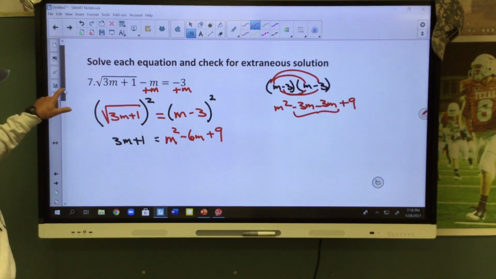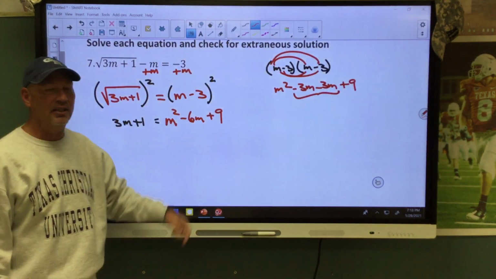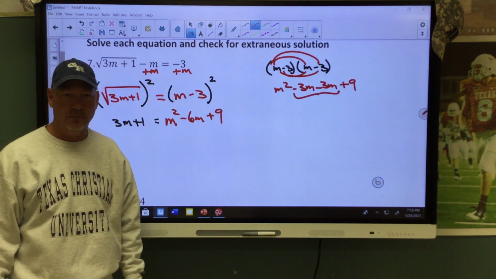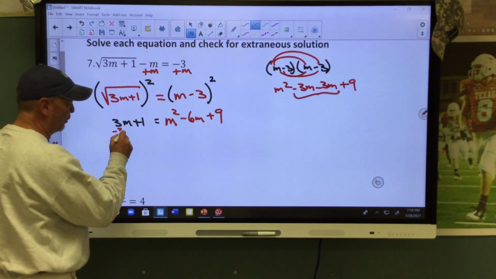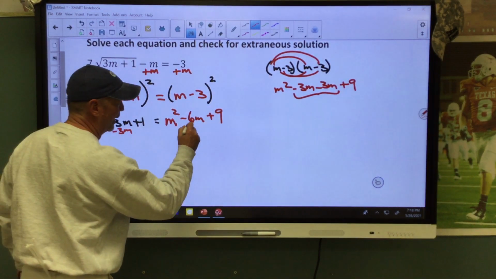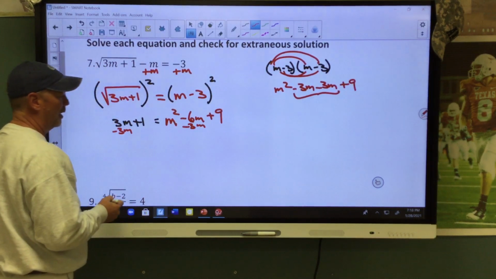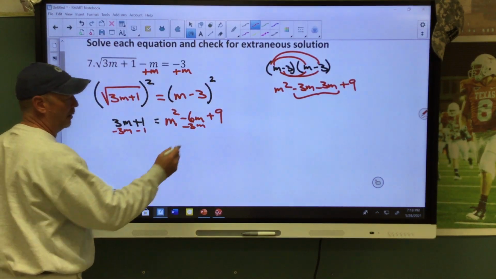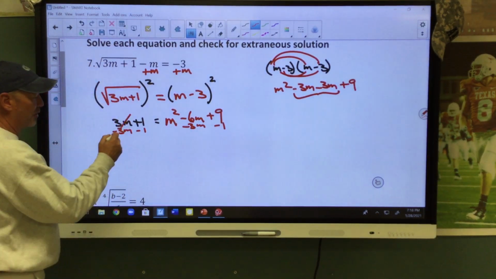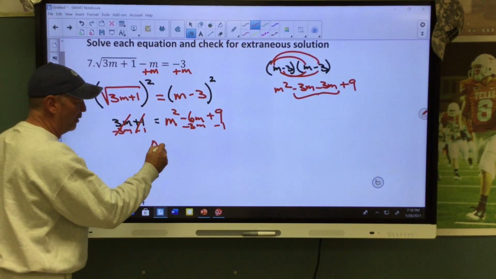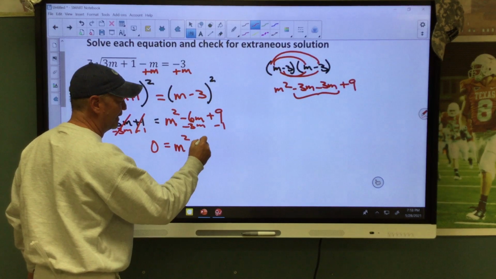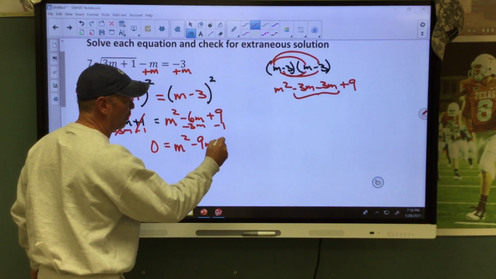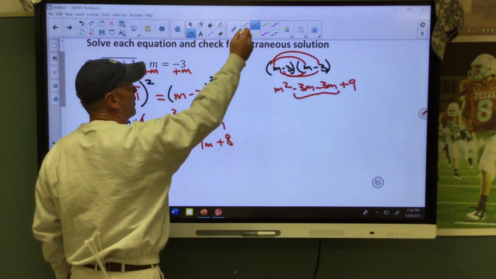Now we need to solve this, so we need to move everything to get a 0. Okay? So we're going to go minus 3m, minus 3m, minus 1, minus 1. These are gone now, and I get 0 equals m squared minus 9m plus 8.